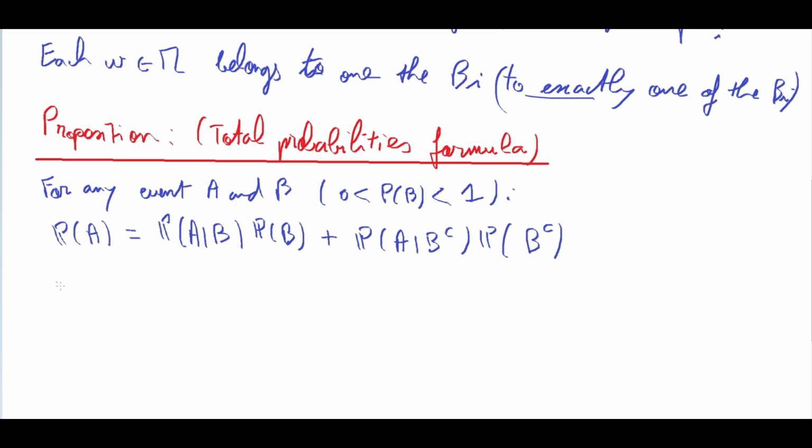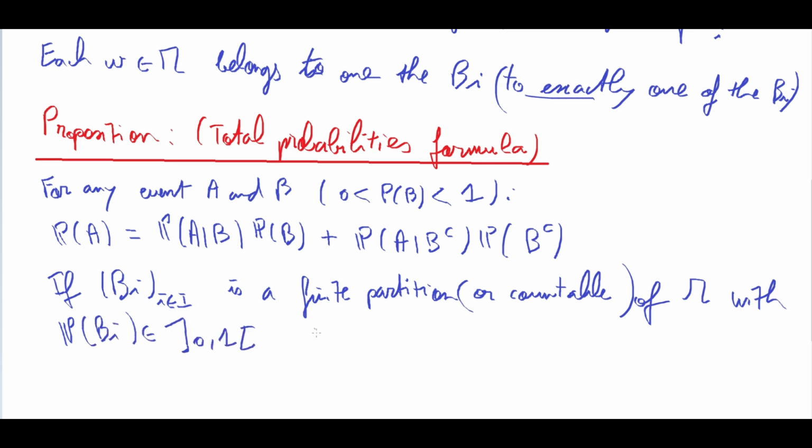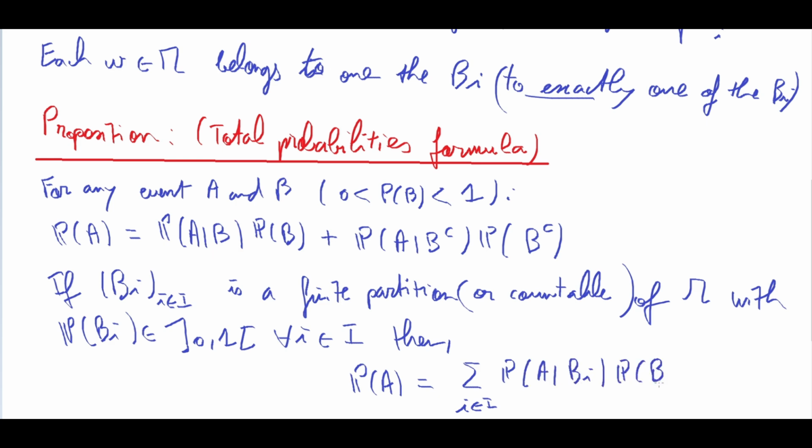In a more general scenario, if our sequence is a finite or countable partition of omega, with P of Bi belonging to 0,1 excluded for all i in big I, then P of A is equal to the sum over i of the probability of A knowing Bi times the probability of Bi.